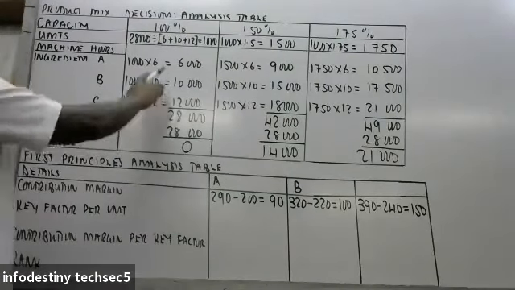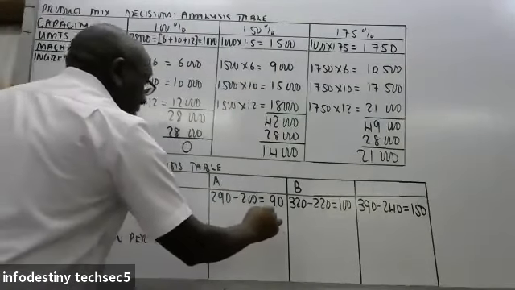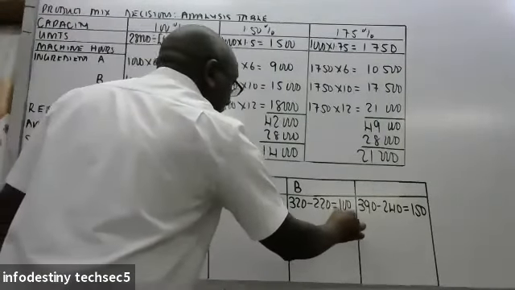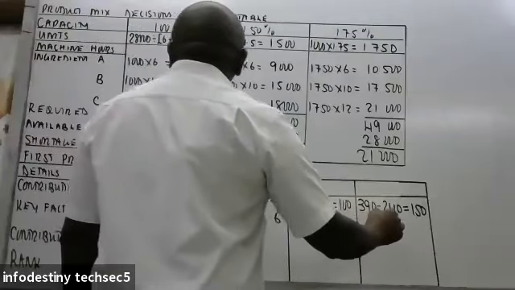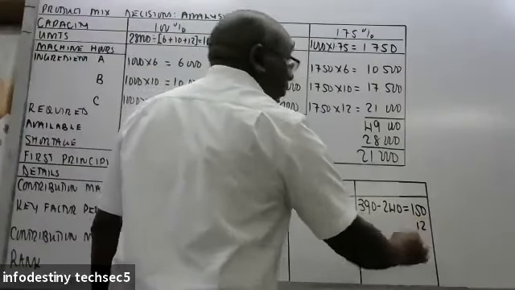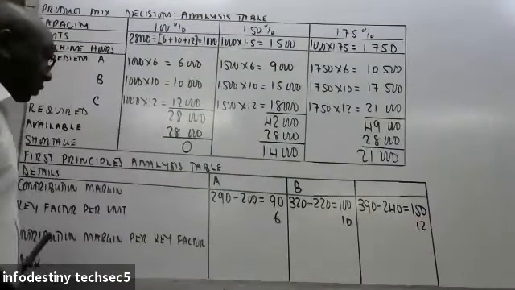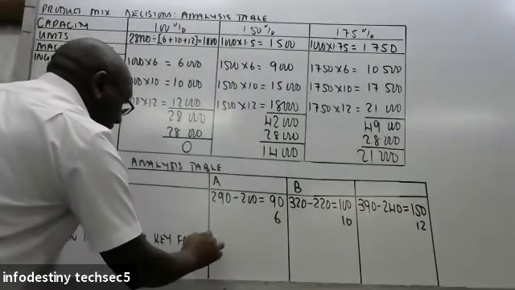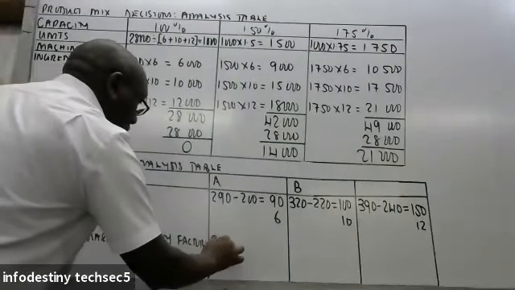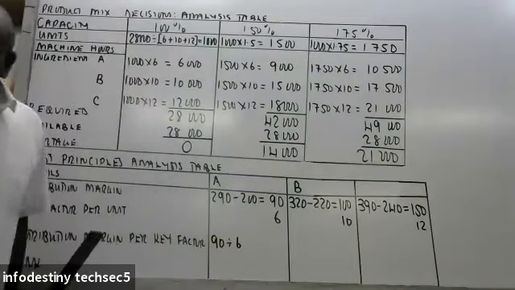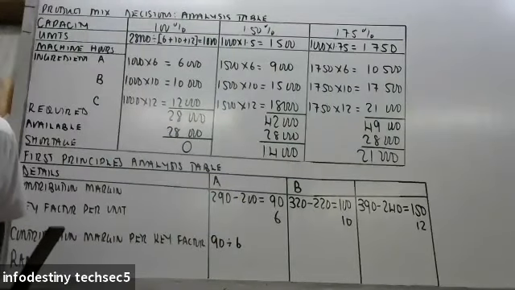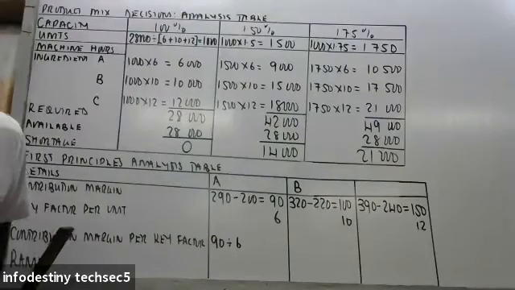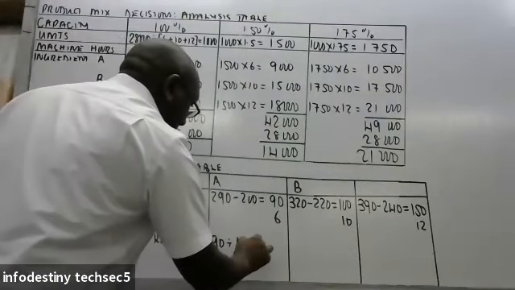The key factors in hours: this one is 6, this is 10, and this is 12. So here we said it is 90, you divide by 6, I get 15.